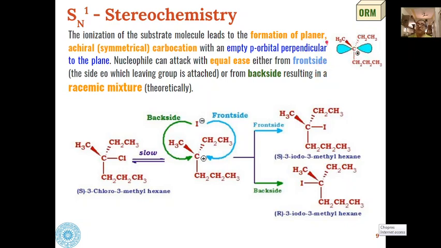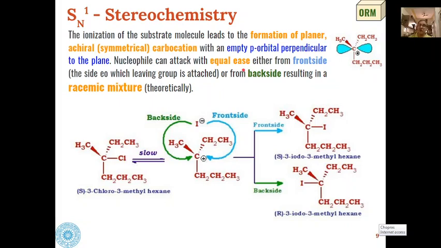Because these lobes are perpendicular to the plane of the rest of the molecule, the nucleophile can attack either from the front side or from the back side. Front side means the side to which the leaving group was attached, and back side means the side opposite to where the leaving group was attached.